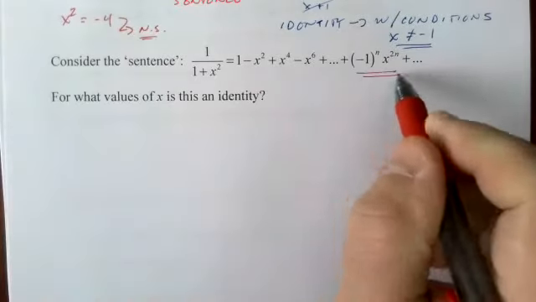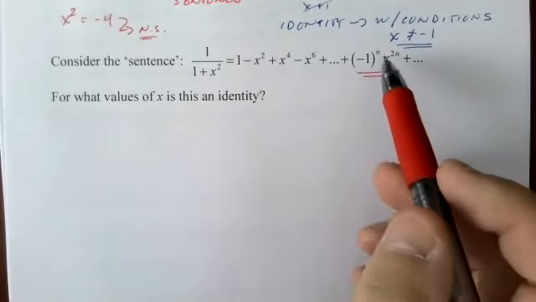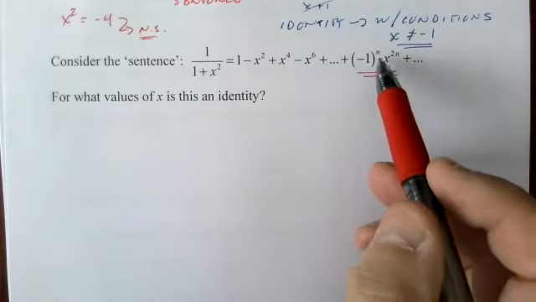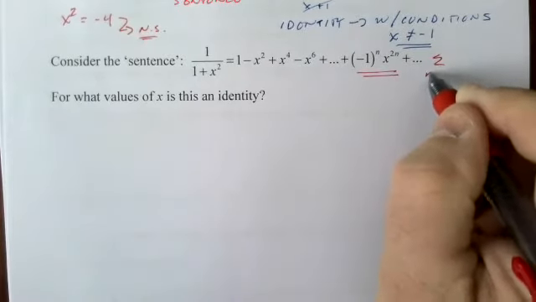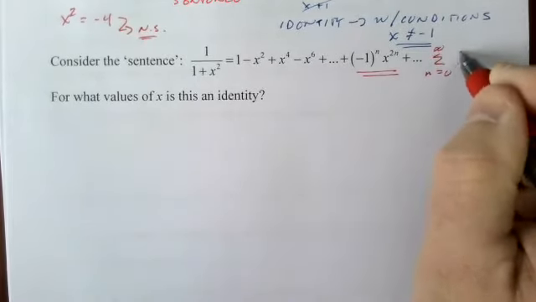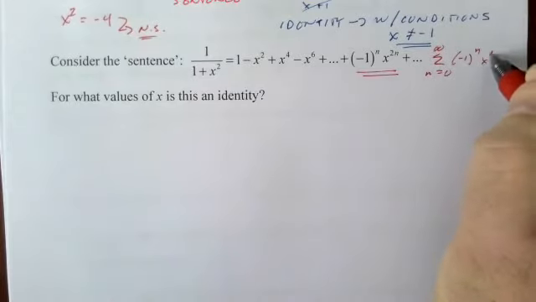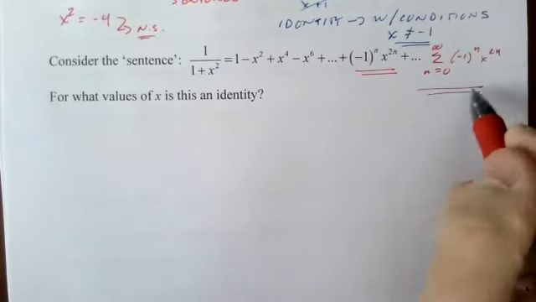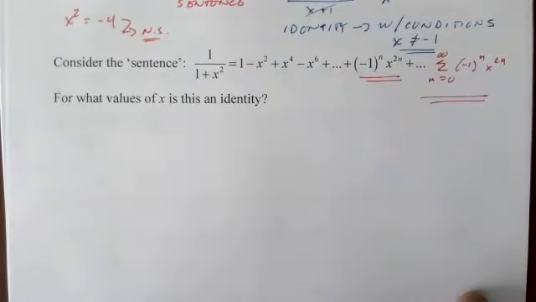We get a general term here, assuming we start at 0. So this would be the sum from n equals 0 to infinity of -1 to the n, x to the 2n. Important we're clear about where we start.